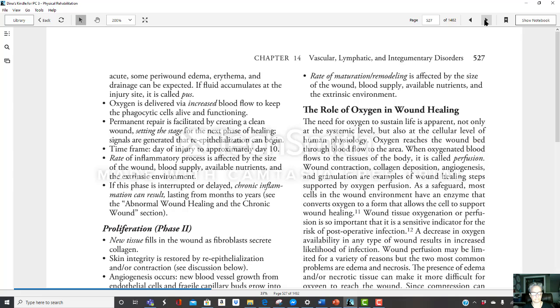Rate of inflammatory process is affected by the size of the wound, blood supply, available nutrients, and the extrinsic environment. If this phase is interrupted or delayed, chronic inflammation can result, lasting for months to years. See the abnormal wound healing and the chronic wound section. Proliferation, phase 2.